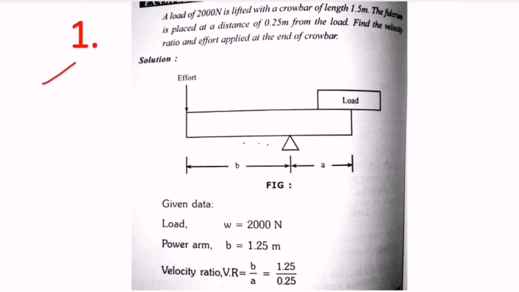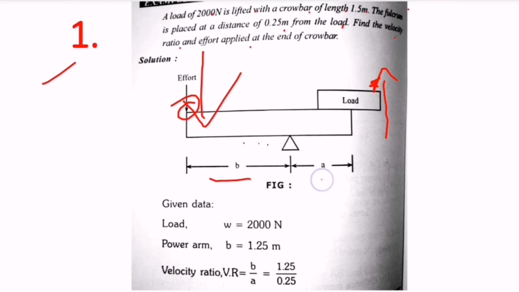First question. A load of 2000 Newton is lifted with a crowbar of length 1.5 meter. The fulcrum is placed at a distance of 0.25 meter from the load. Find the velocity ratio and effort applied at the end of the crowbar. This is the crowbar. Effort is applied here, load is here. When effort is applied from this side, load is going up on the right side.